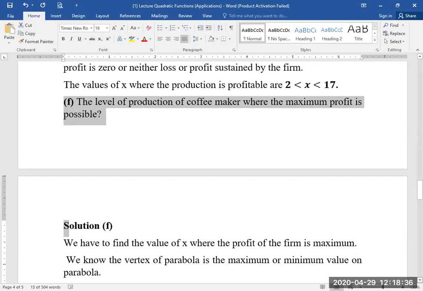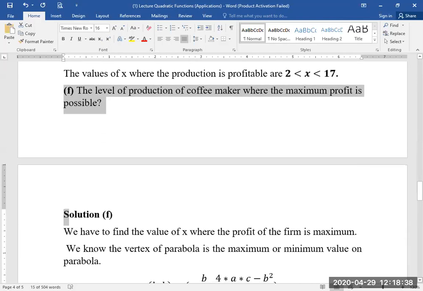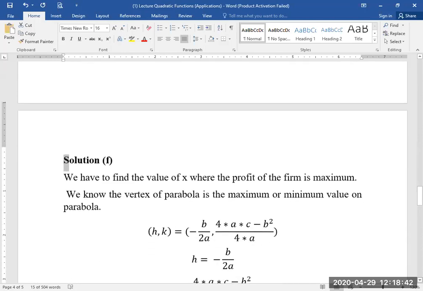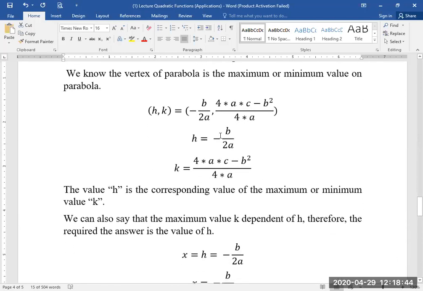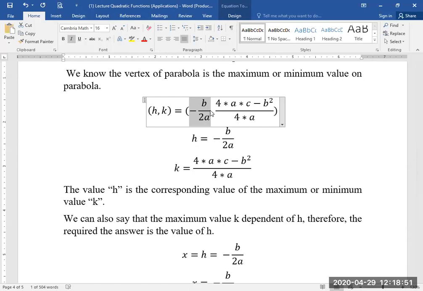Now for this, it can be achieved by two methods. One is the x coordinate of the vertex of the quadratic function. This is the point where the company sustains the maximum profit that we found in the earlier part.